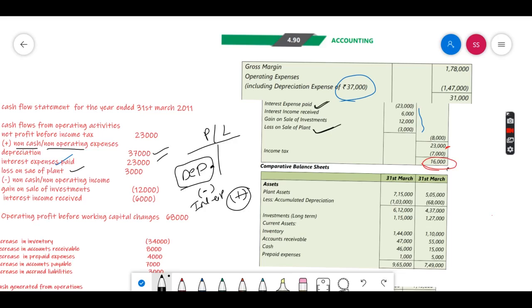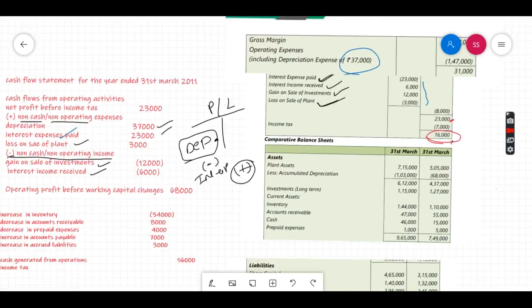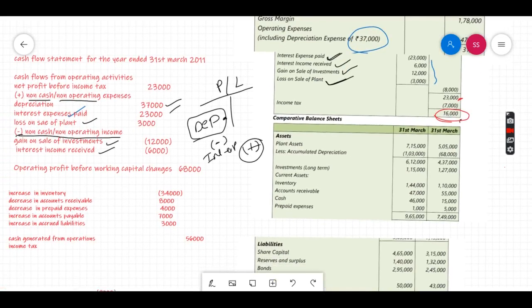Let's come to the incomes now. Interest income received and gain on sale of investments are deducted, as non-cash or non-operating income. Gain on sale of investment is non-operating. If you do all those things, you will get the operating profit before working capital changes, which is 68,000.